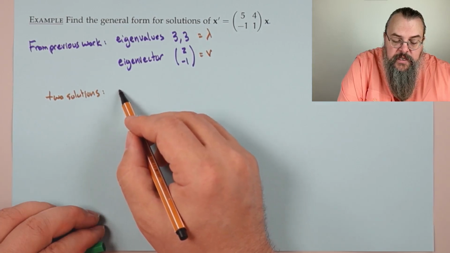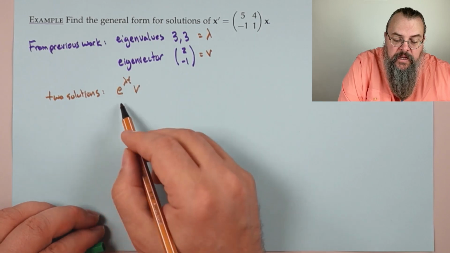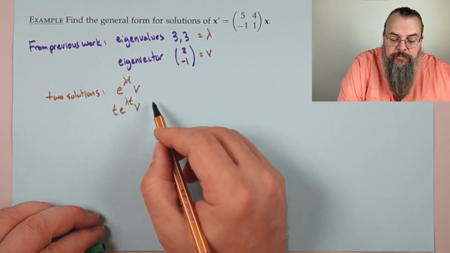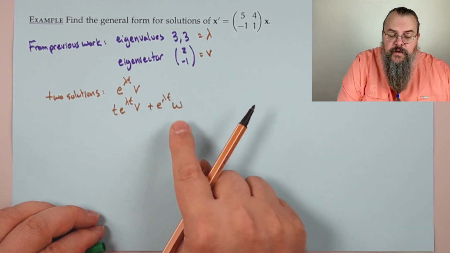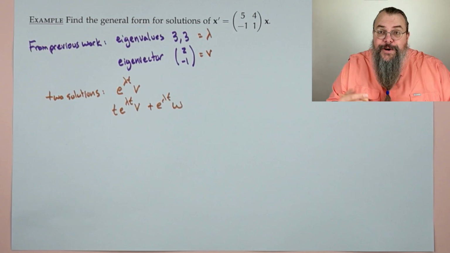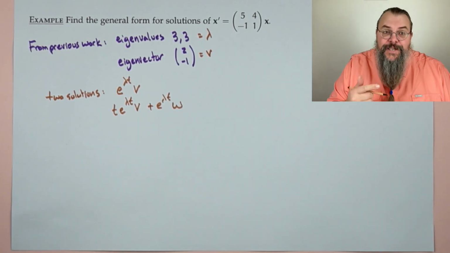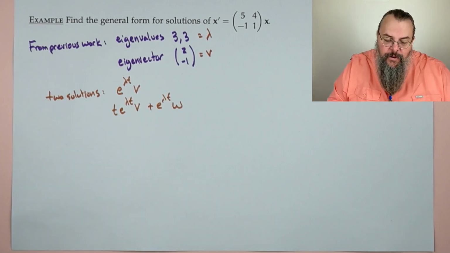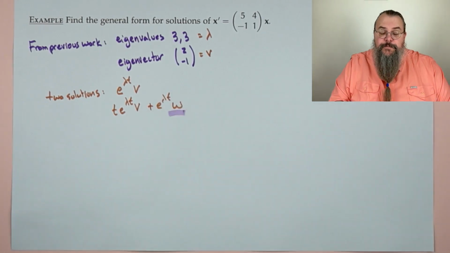It's going to be e to the lambda t v, and the other one will be t e to the lambda t v plus e to the lambda t w. Now, we know a lot of pieces. We know lambda, we know v, we need to know w. So the only thing that we're missing here is to say, okay, what do we need for w?